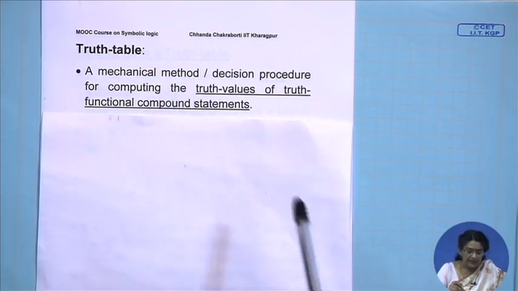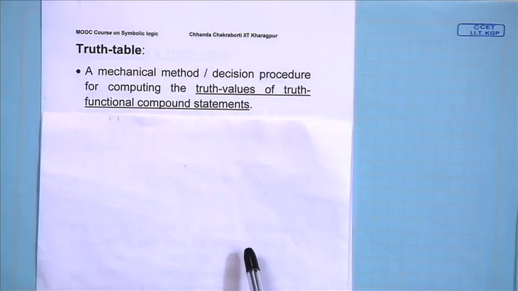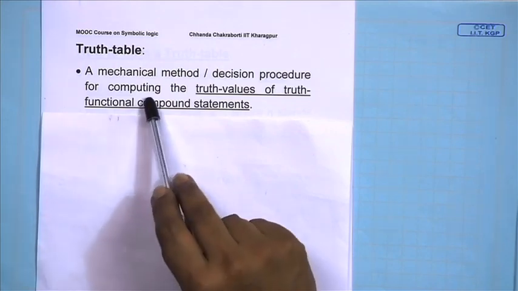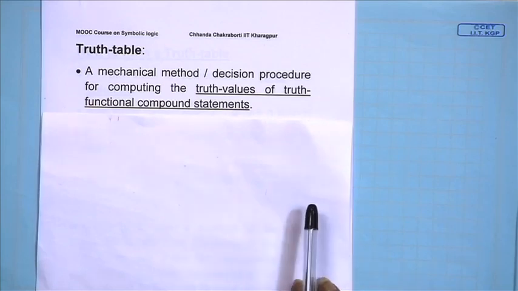It is a method that is sort of blind, mechanical as in machines also can do it. It does not require much. If you know and can follow an algorithm, the method will be completed. What is its goal? The goal is to compute the truth values of the truth functional compounds. Okay? That is the goal.